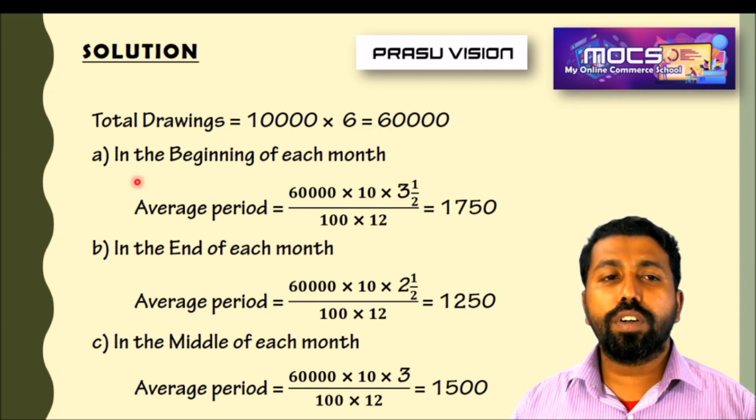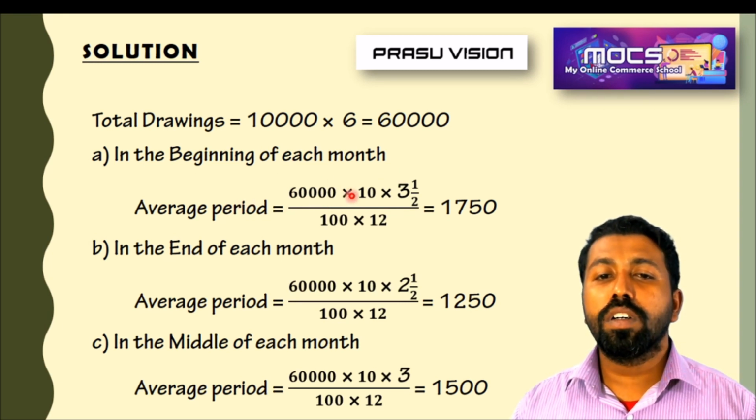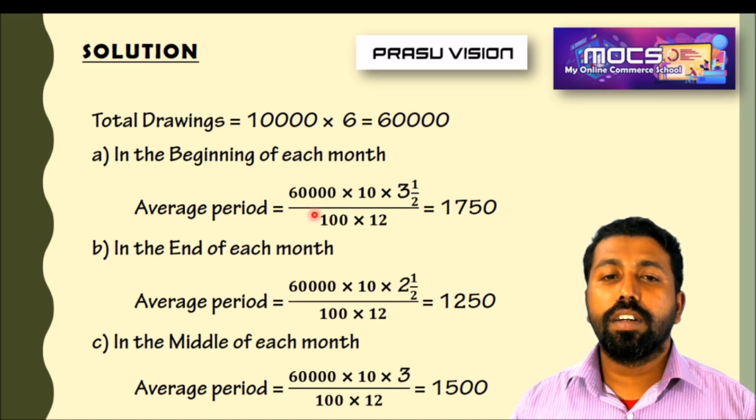And interest on drawings, if it is made in the beginning of each month, is total amount of drawings into rate by 100 into average period by 12. Once again, total amount of drawings 60,000 into rate 10 by 100, and into 3.5, the average period, divided by 12.